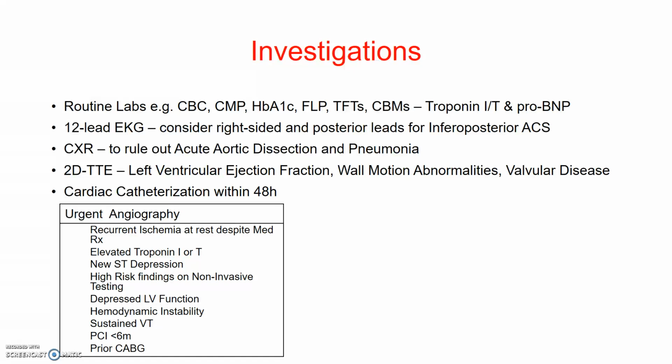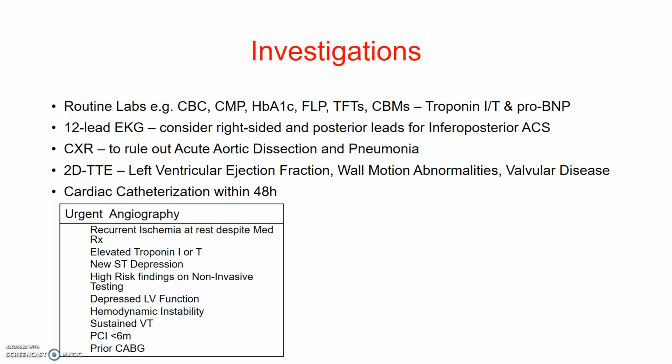Of course, you would want to get a 12-lead EKG, and you may consider right-sided and posterior EKGs for an inferior posterior ACS. Chest X-ray is always important to rule out acute aortic dissection and coexisting conditions such as a pneumonia.